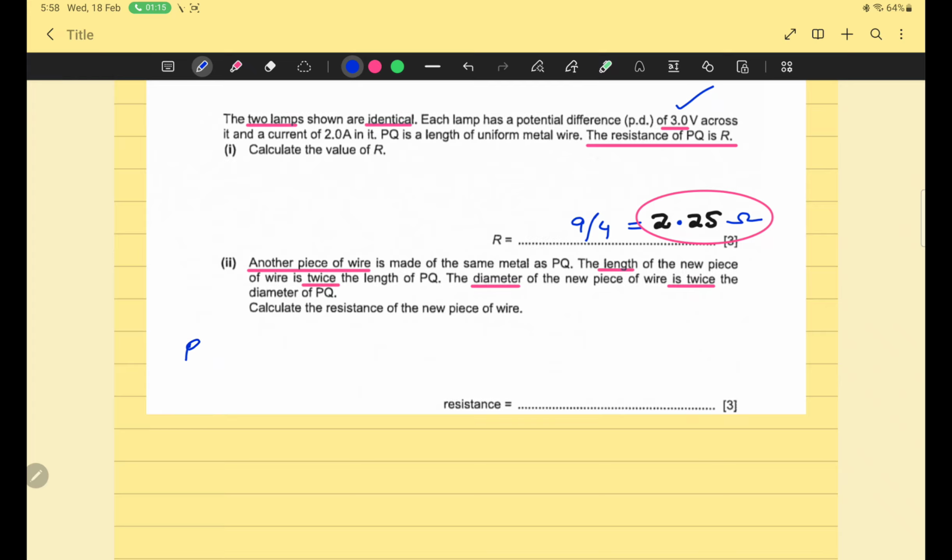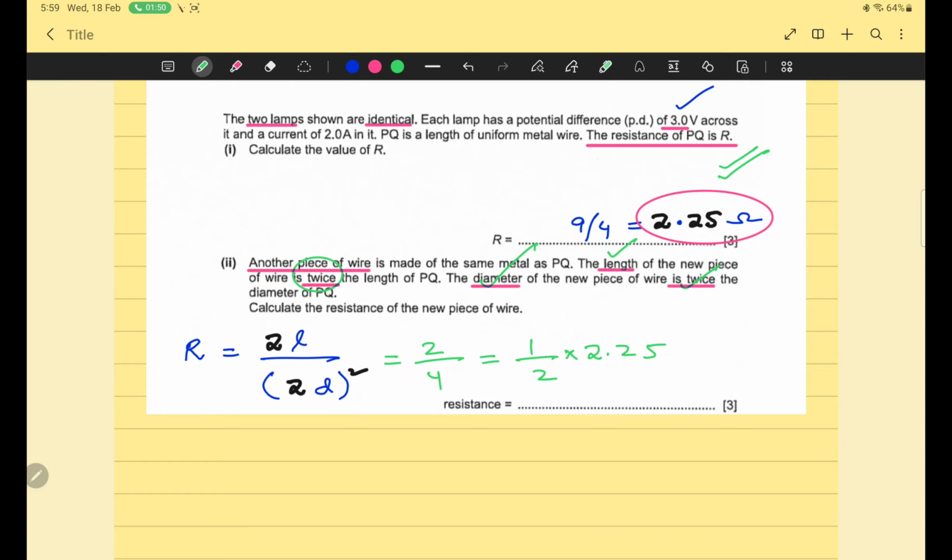You know the formula of resistance is length upon diameter square. So in this question, length is 2 times and diameter is 2 times. So 2 divided by 2 square makes 2 upon 4, and 2 upon 4 means 1 upon 2. It means this resistance is reduced to 1 upon 2.